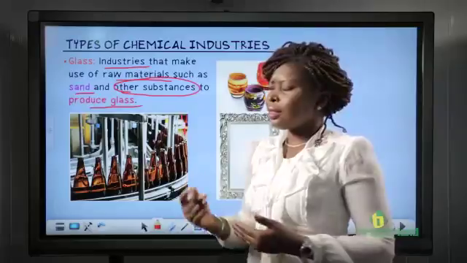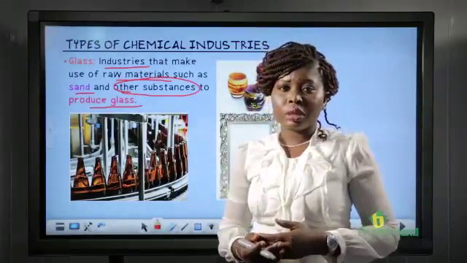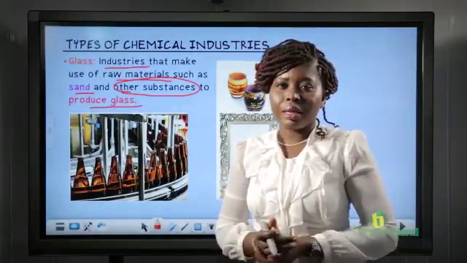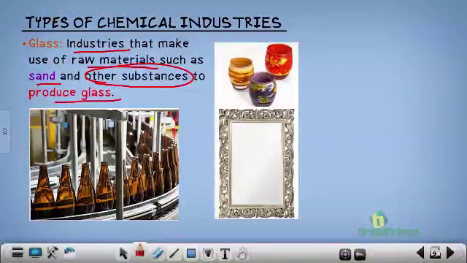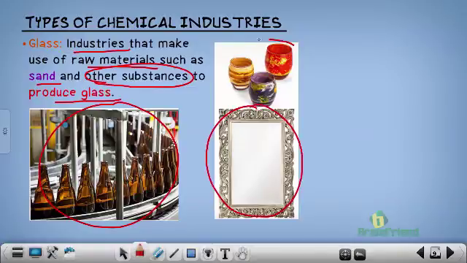And this glass is in turn used in the making of other glass products such as bottles, mirrors, glass cups, and glass vases.